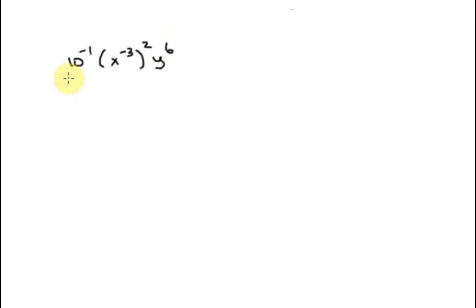Now, all of that's on the top. Then we have 5 on the bottom, and in brackets x and y cubed raised to the negative 3. So we're going to try and simplify this mess as much as possible.